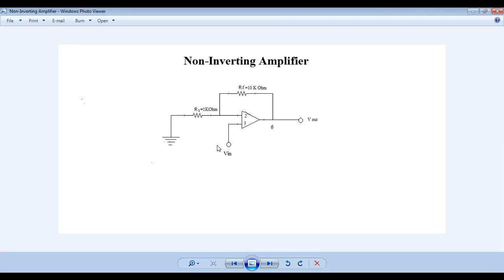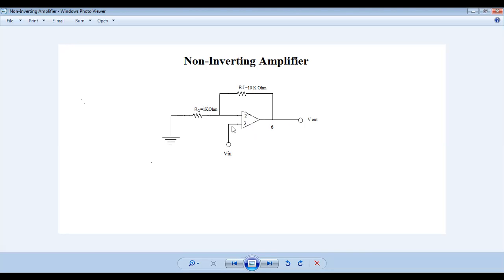And from this circuit it is clear that, as in our inverting amplifier we studied, the second number pin is for the inverting input, and the third number pin is for the non-inverting input.